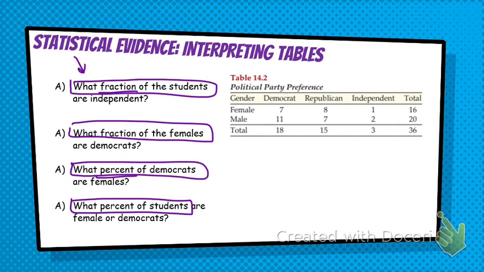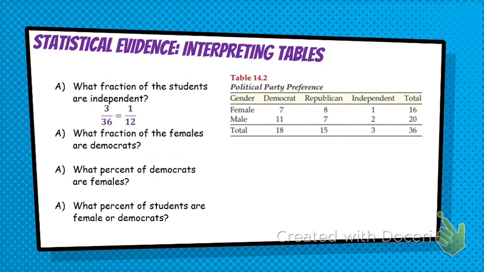The total number of students in this table is 36. So the total is 36, and which fraction out of those 36 are independent? Interpreting this table, there's 3 students that are independent. So that would just be 3 out of 36, which we would obviously reduce to 1/12.